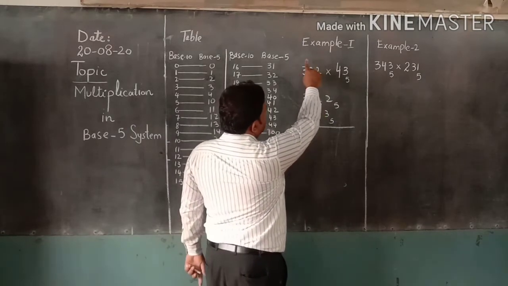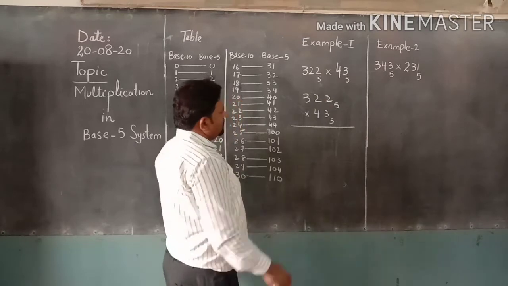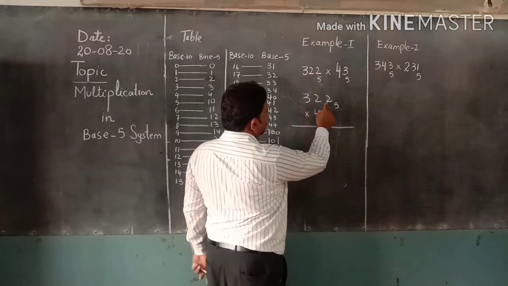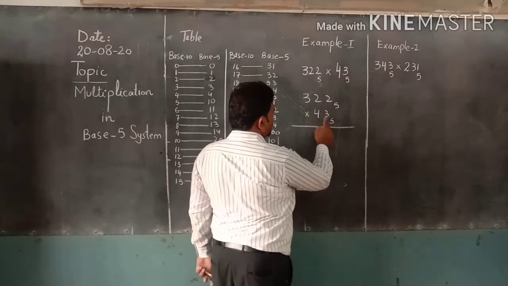Now I will explain this example by the following method. First we will write the number 322 base 5 multiplied by 43 base 5.